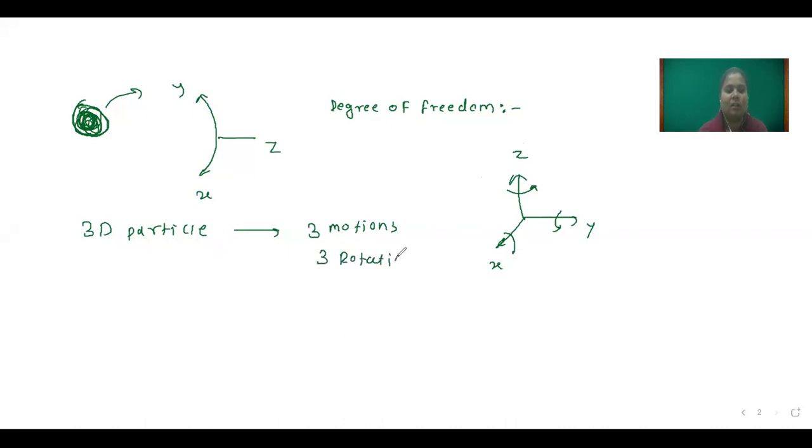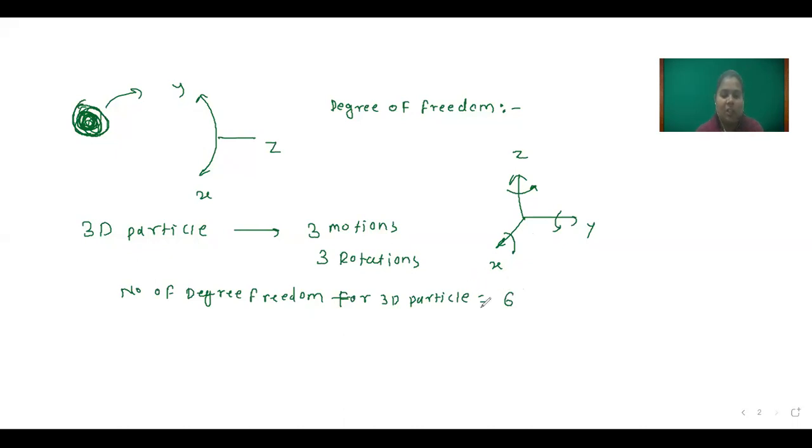So number of degrees of freedom for 3D particle is equal to 3 motions and 3 rotations. So number of degrees of freedom for 3D particle is 6.